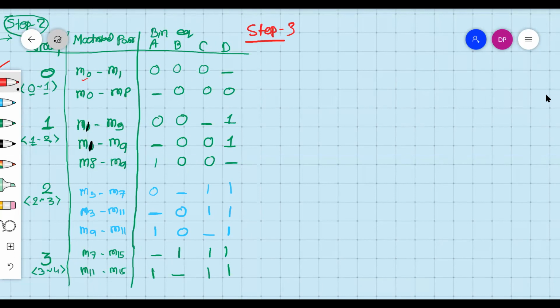We will make another table by comparing successive groups of step 2.